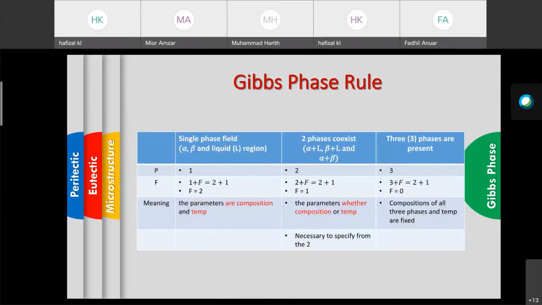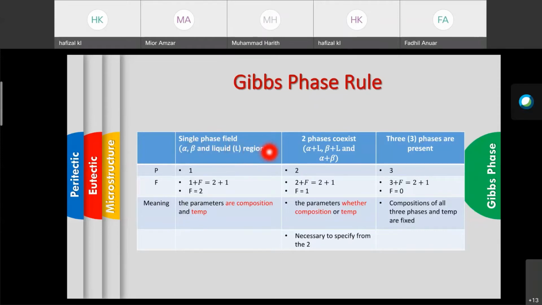So this is the table that indicates the difference between the values of P, starting from number 1. P indicates whether a single phase, two phases, or three phases exist. For the single phase, we see the phase diagram with only the alpha, beta, and L regions existing.